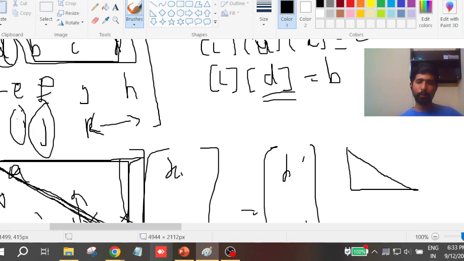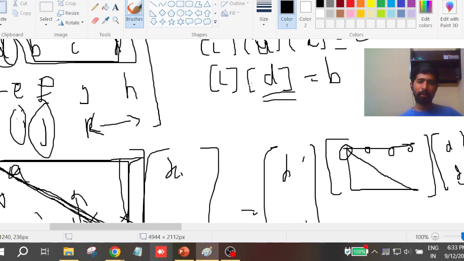You get a lower triangular matrix multiplied by some values of D, which you have to find. Here you do forward substitution, you cannot do backward, because here you have all elements zero in the first row, so you get the first element directly. That is called forward substitution. In that way you find D.